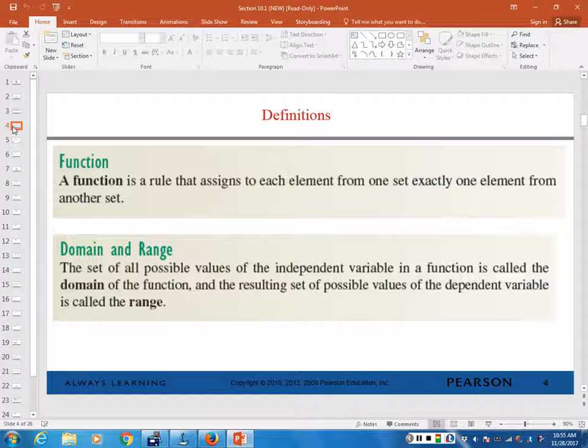Now what that means is a function might be a graph, because you can look at your x-axis, and that's your domain, and read the graph and find the y value that's assigned to that x value. A function might be an equation. It doesn't have to be a linear equation. It might be a different kind of equation, such as an exponential or logarithmic or quadratic or cubic. Those are all different kinds of equations.